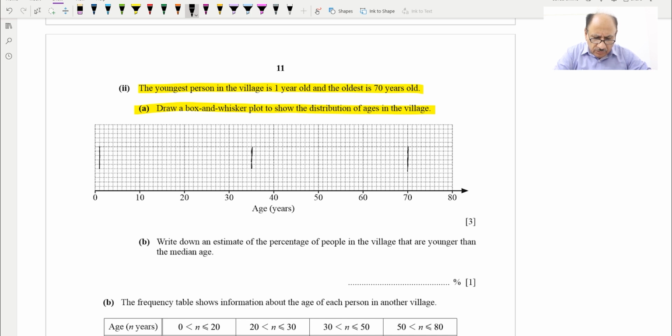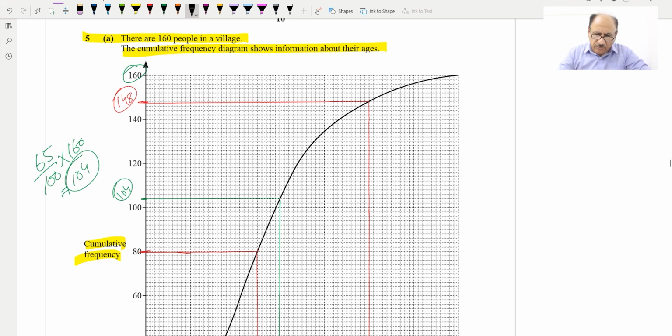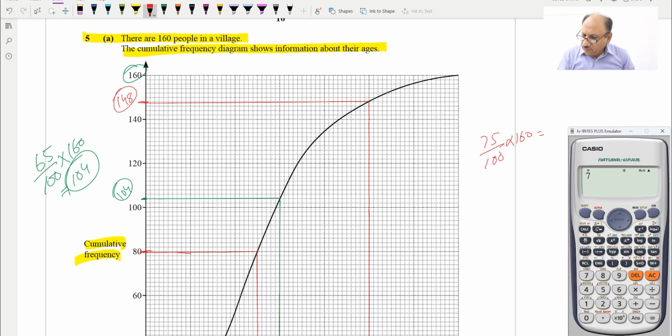1, 2, 3. So 17.5 we can take here, and then we have to take the upper quartile, which we have not yet calculated. Upper quartile, you know, is 75%. So we will be calculating 75% of 160, which will be equal to 120.